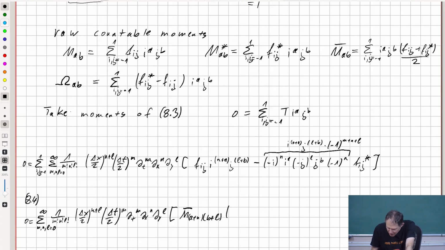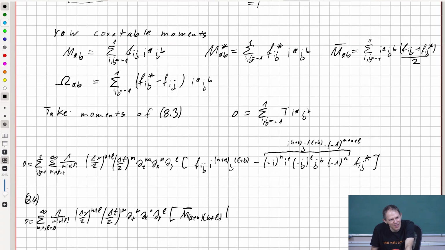This comes whenever m plus n plus l is an even number, because when it is an even number, then we have a minus left here that combines with this minus, right? And then we have the sum of the two. You see this? Too confusing?